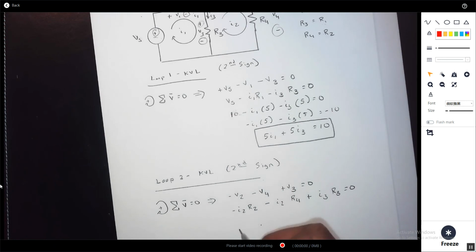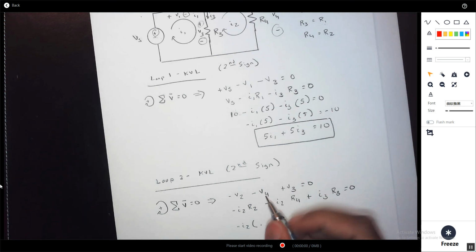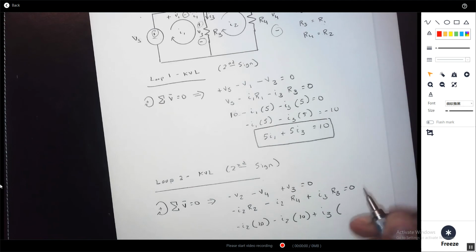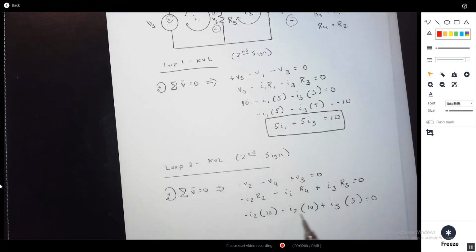So minus I2 R2, which is 10, I2 R4, which is 10, plus I3 R3, which is 5, is equal to 0. You just simply combine the terms. Minus 20 I2 plus 5 I3 is equal to 0. This is your second equation.